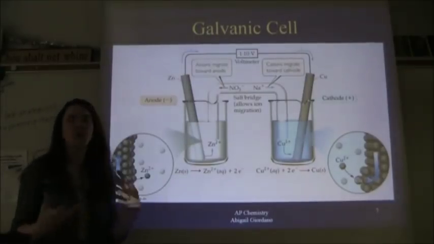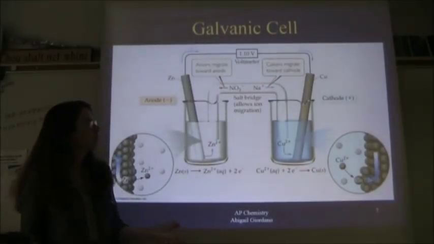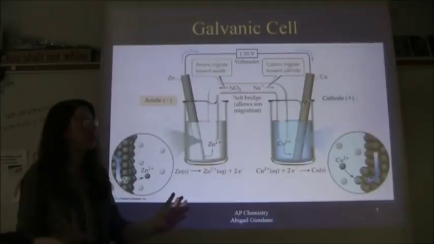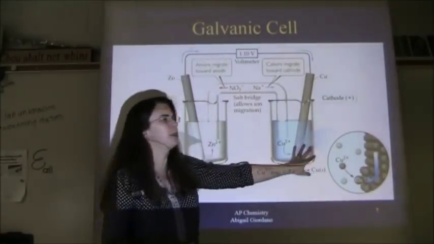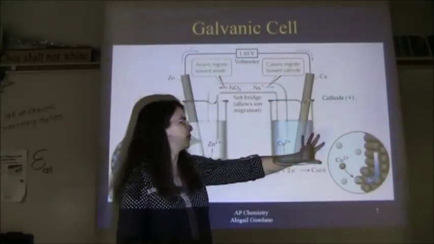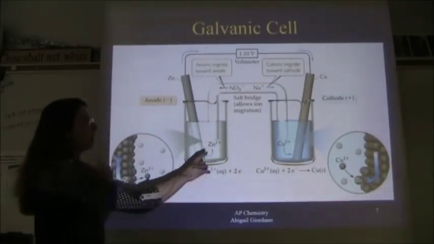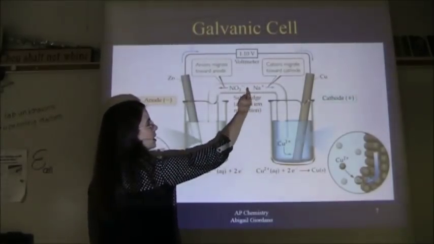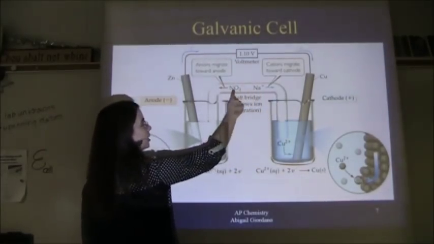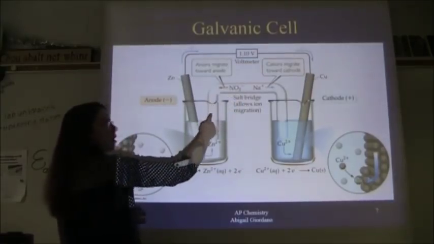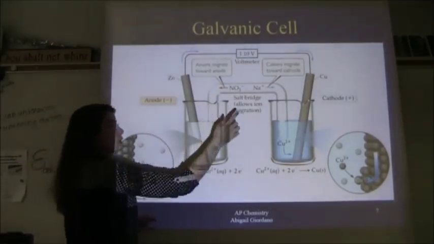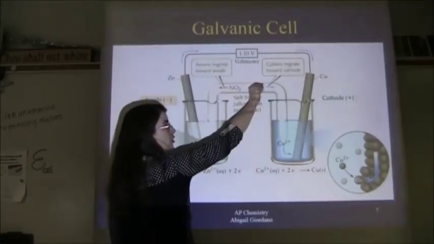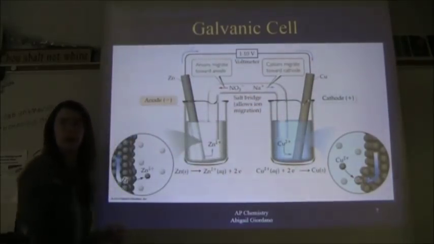Remember what the problem was. Before we had that salt bridge, we had a big buildup of negative charge over here. Well, how do we fix that? How about if we take some of that negative charge and have it flow away? Or what you could also do is have positive charge flow into it.